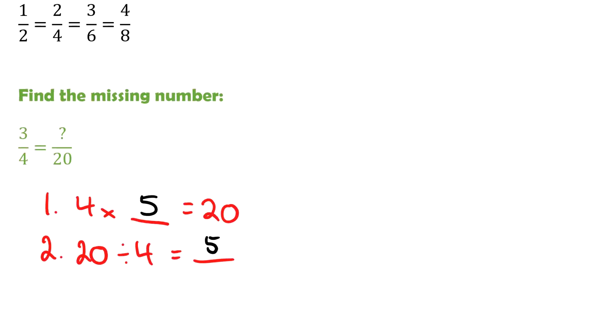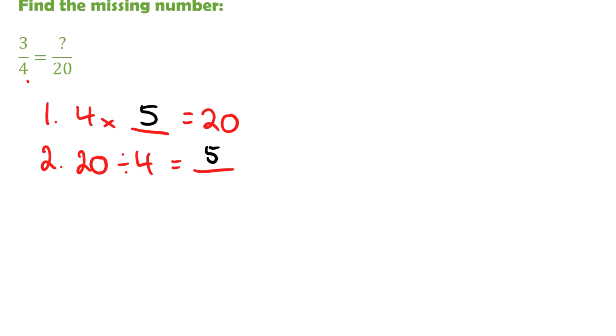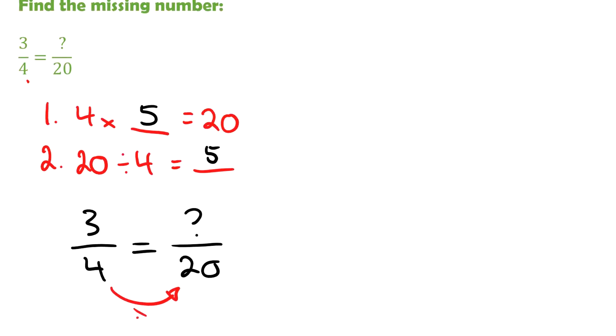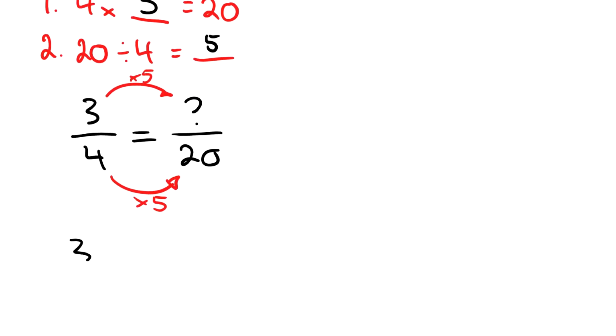If I draw a little arrow, let me draw these numbers out again. If I have 3 over 4 equals question mark over 20, I know my common multiple is 5, and I'm multiplying by 5 to get there, and that works on the top too. So whatever this new number is, it's going to be 3 times 5. 3 times 5 is 15, so 3 over 4 is the same as 15 over 20.